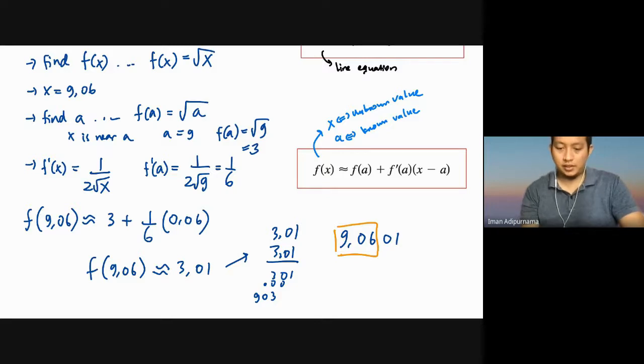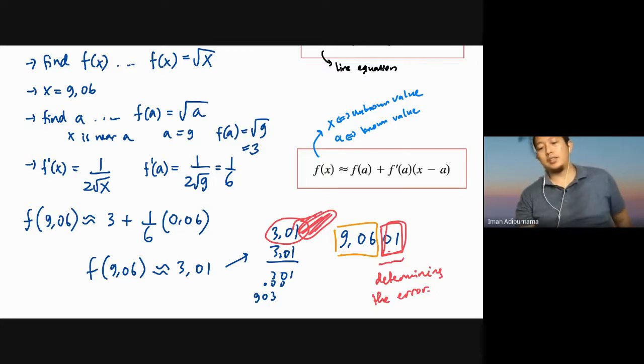And you will notice that the last two numbers, if you compare with the results, can determine the error. You can also see from the last decimals here, probably it will be critical on your error, how close you are to the real answer.